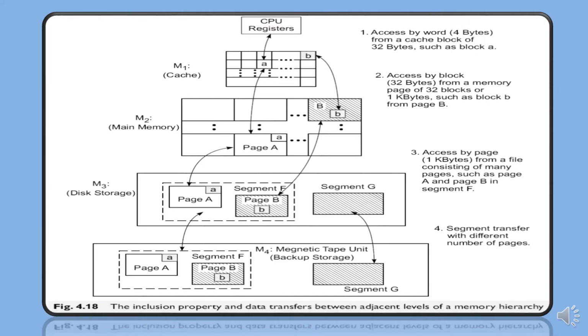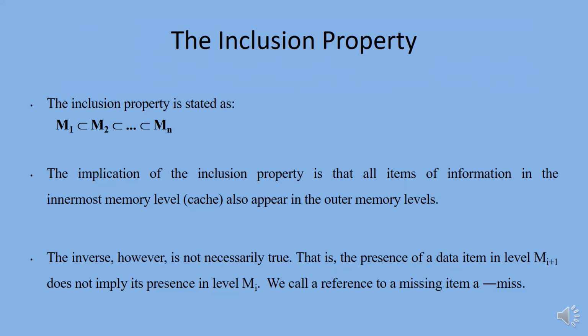The diagram shows the inclusion property and data transfers between adjacent levels of a memory hierarchy. The inclusion property is stated as M1 included in M2, included in M3, up to included in Mn.